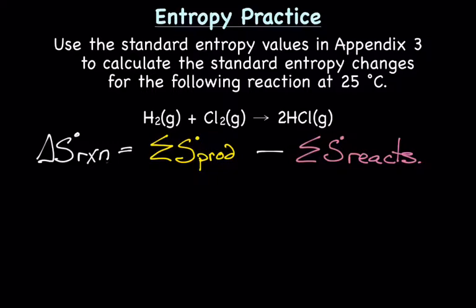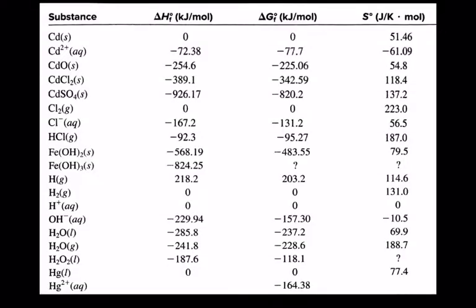So we will start with our products. We're looking for HCl, and we know there are 2 of them, so it's going to be 2 times whatever is on the table. So let's check that out. HCl, and by the way, we're looking here at our entropy, which is in joules per Kelvin mole.